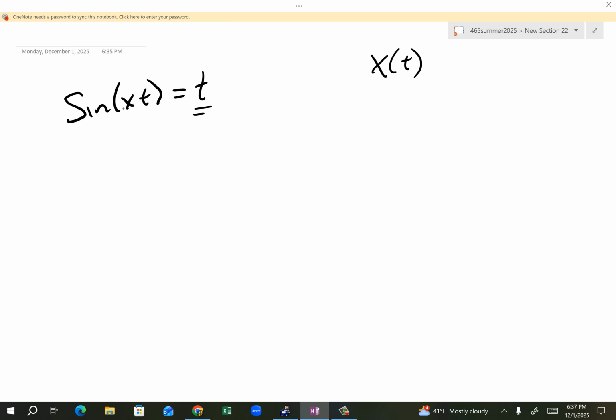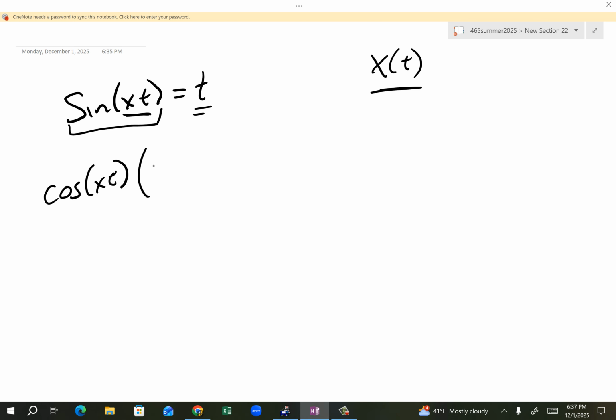So if we do this problem, it's the outside function, so cosine of xt times the derivative of the inside. Well, that's a product rule. I'm sorry, try it again. We said x is a function of t.